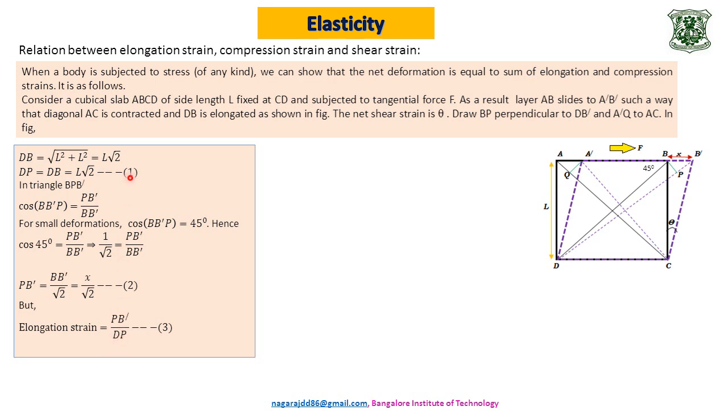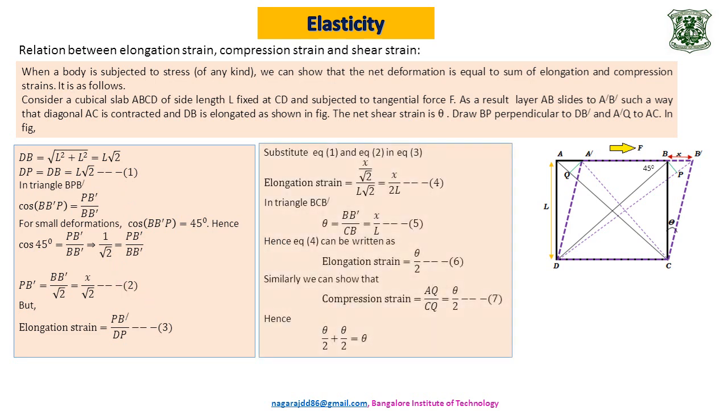So substitute equations 1 and 2 in 3. We get elongation strain equals X by root 2, that is PB dash, divided by L root 2, that is DP. So after simplifying the term, it becomes X by 2L. So we have elongation strain as X by 2L. I call it equation number 4.